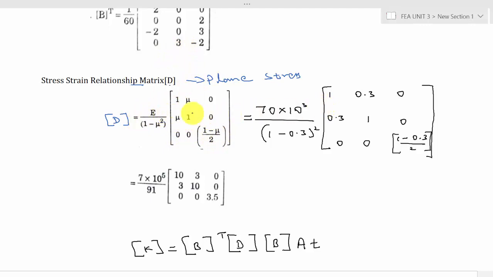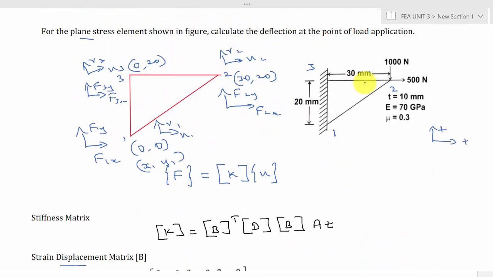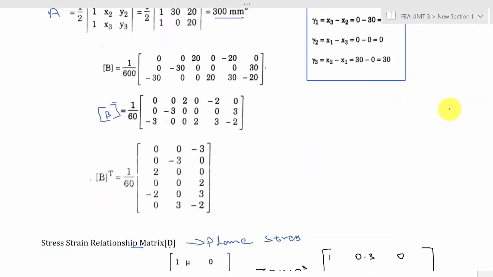Now I have substituted the values. E is actually given in gigapascal, so I can convert it into Newton per mm square because all the units are in Newton per mm square. So it is 70 into 10 power 3 Newton per mm square, because megapascal is equal to Newton per mm square.